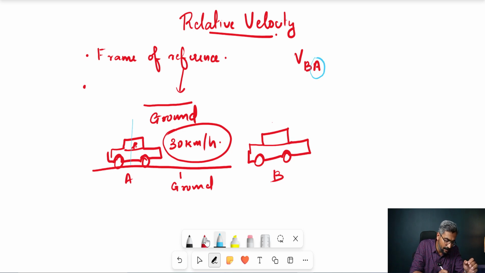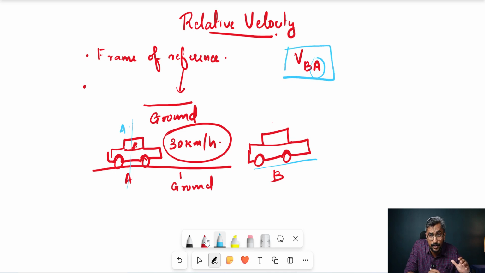So this is my frame of reference, and I am just observing the second car with respect to this one, A. And I am having this denotation, that is VBA, which means velocity of B with respect to A.